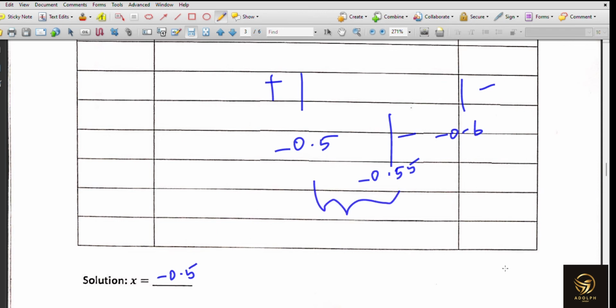Whatever numbers I take in between, if I round to one decimal place, it is going to be minus 0.5, because the rounded answer is what they are expecting. So that's how I have decided. This is improving my trial, and I'm getting the better answer as negative 0.5.